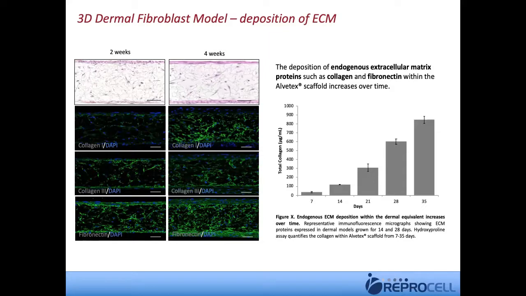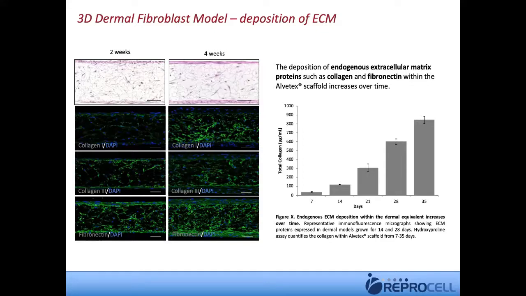We can also perform biochemical assays on these materials, as shown on the right, where we're measuring total collagen deposition over time inside the Alvetex membrane using a hydroxyproline assay.